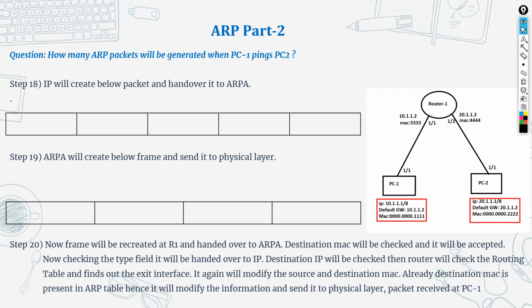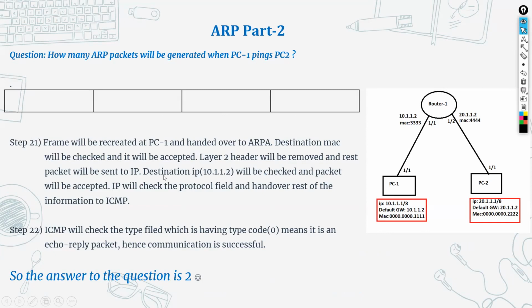This information will be sent to PC1. So the frame will be received at PC1 and it will be accepted by ARPA because the destination MAC is 1111. Okay. Now you can see that the layer 2 information will be removed, right?